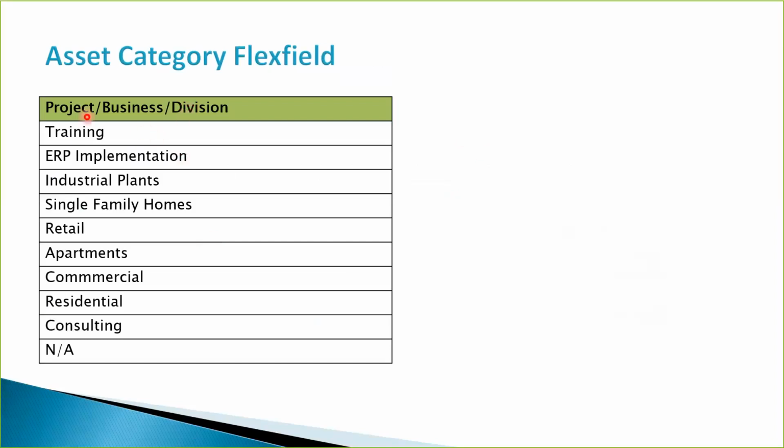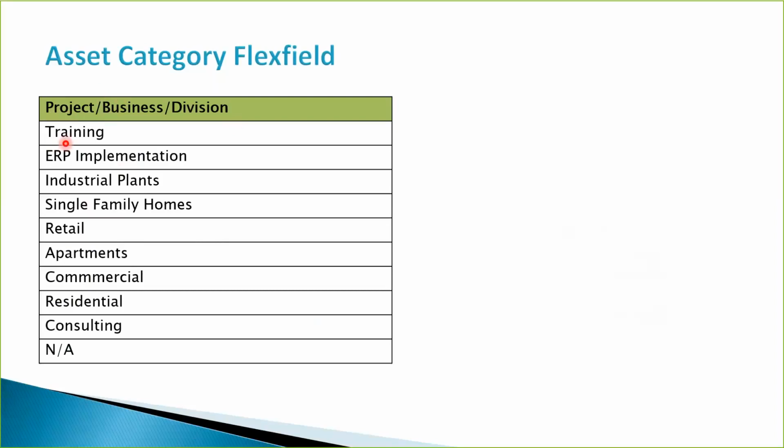Training, some of the values are the ones that the previous students have been using. So instead of changing the value set, we're just going to add new values to that value set and change the name of the value set to reflect that this is what this asset key is tracking.